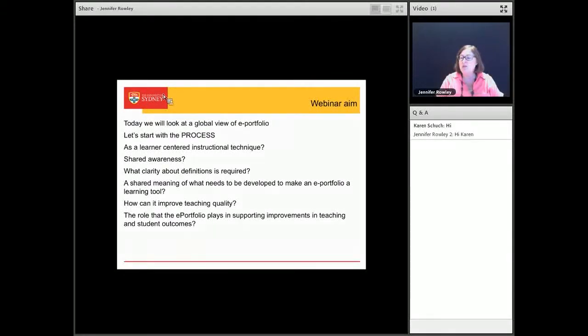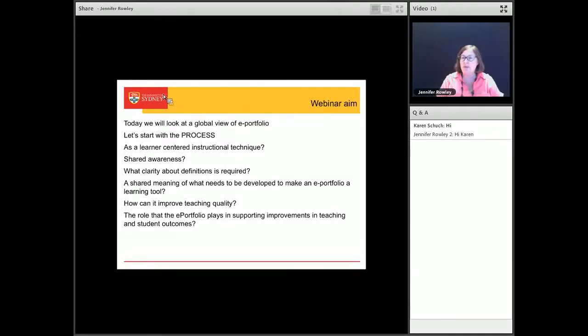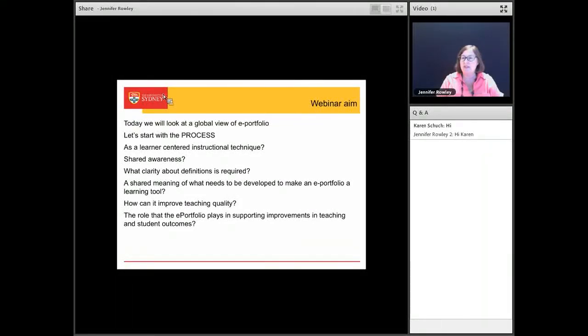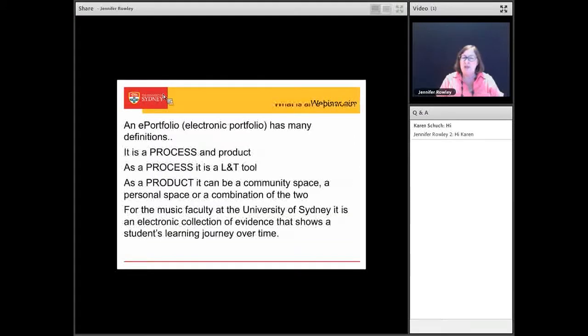How do we use the tool effectively so that the ePortfolio as a product can engage the learner in some longer term learning and maybe some lifelong learning? And what finally is the role that the portfolio plays in supporting improvements in teaching and student outcomes? I think that's probably an institutional question, and probably one that sits in the realm of institutional agendas.